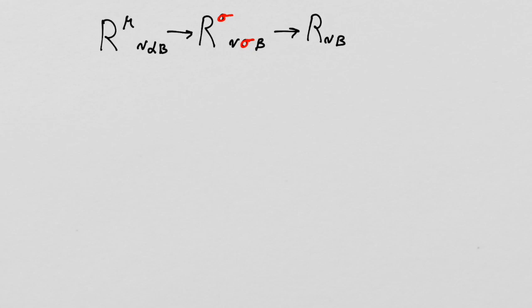okay, so we've taken the Riemann curvature tensor, contracted over these indices, and we've got the Ricci curvature, the Ricci tensor. And then, of course, you can do the same thing one more time.